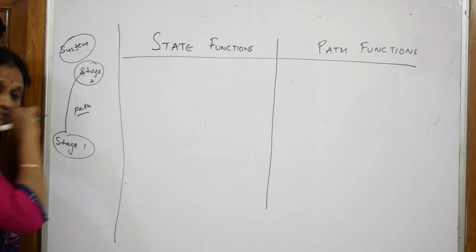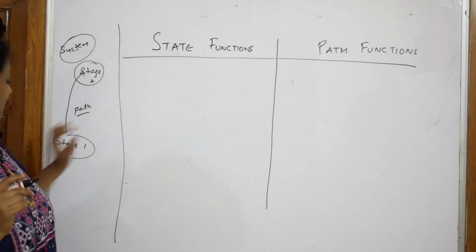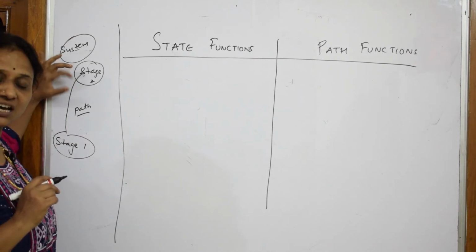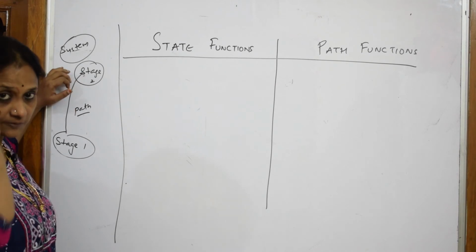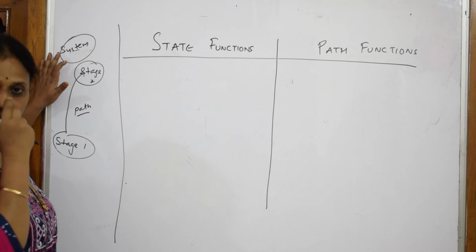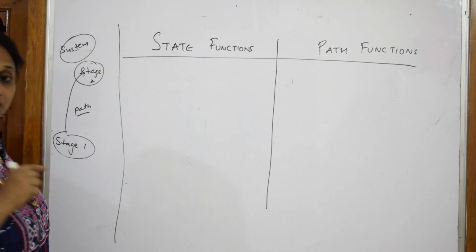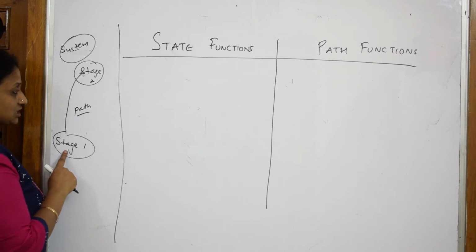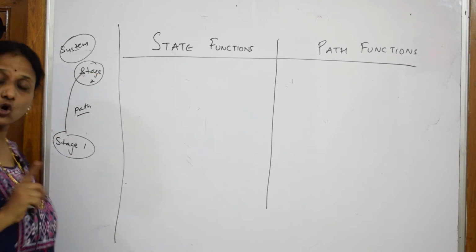Now what is a state function? This is called the initial stage, this is called the final stage, and this is the path it follows. The test tube you're heating goes to a certain temperature, and you get the product. According to the state function, state functions are those which depend upon the initial stage and the final stage, not on the path.